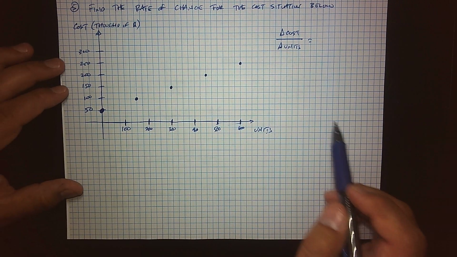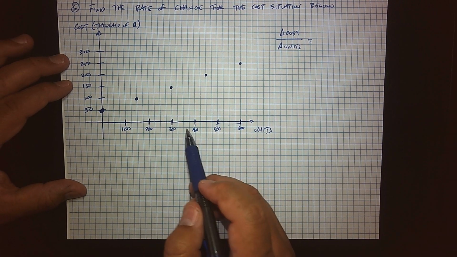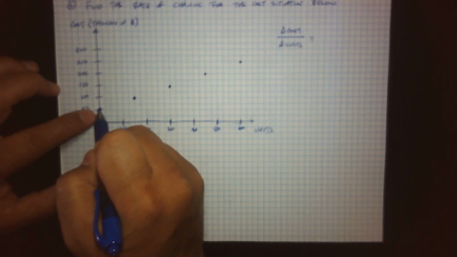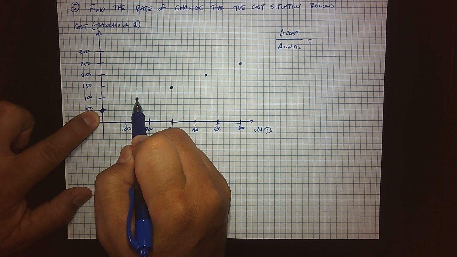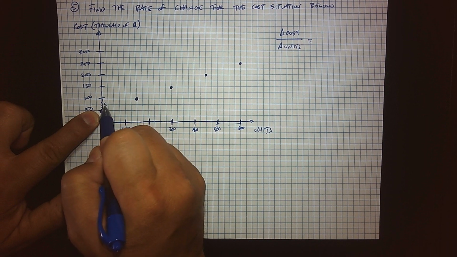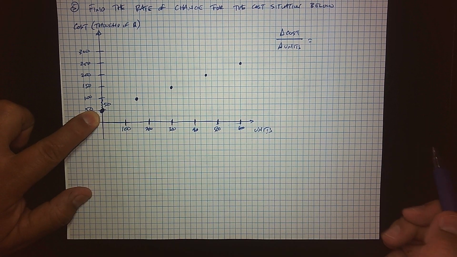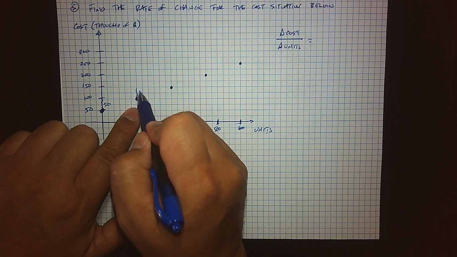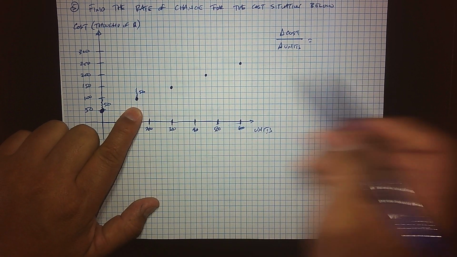One way we can do this is to just visually look at it. I'll show you another way in a moment. It looks like when we move from this point to this point, there's been an upward movement of about 50. Even if we went to the next point, there looks like there was an upward movement of about 50 again, and so forth.